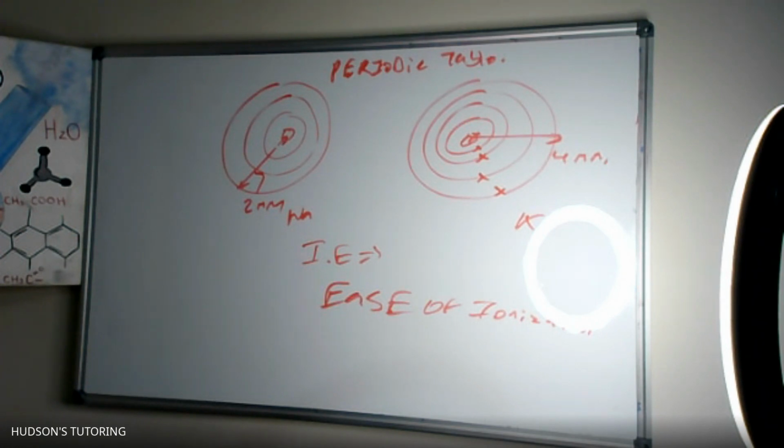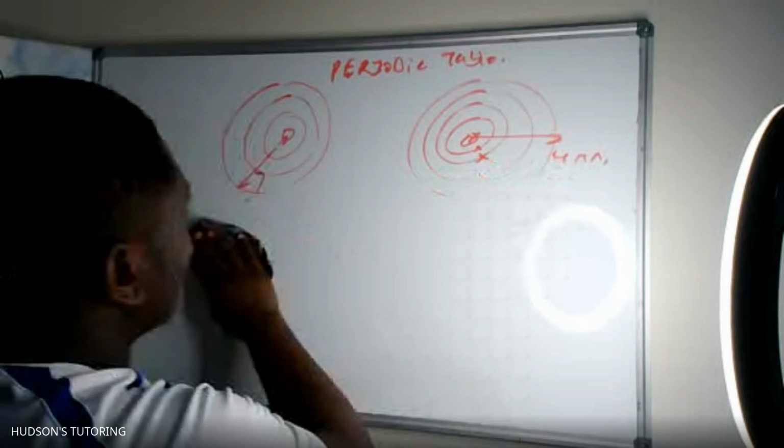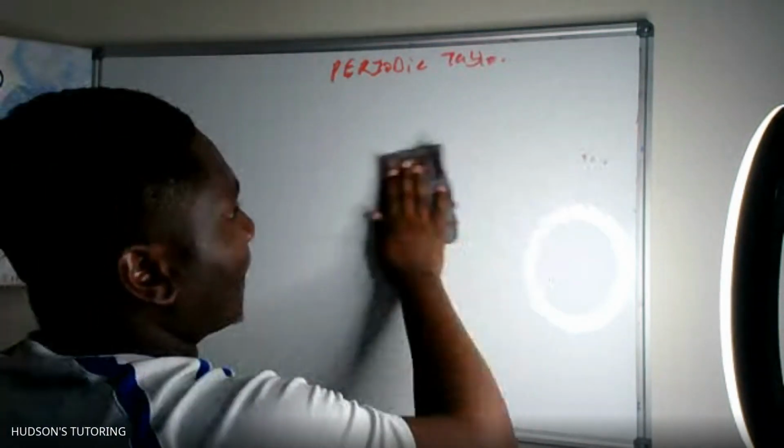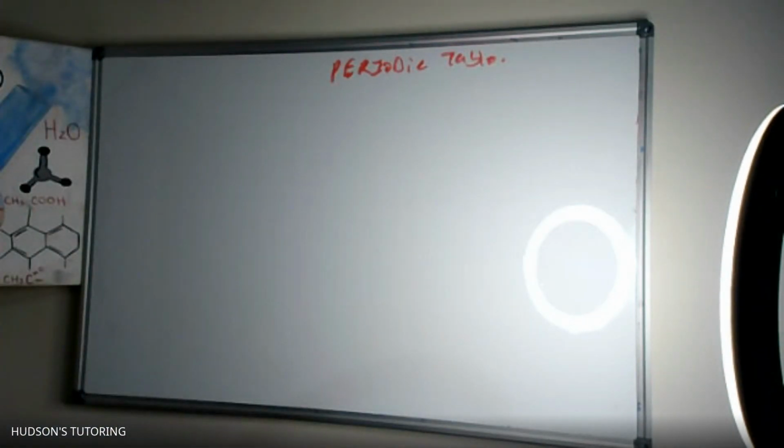Now, the syllabus wants us to look at group 2, group 7, and period 3. So let's take a look at group 2. Group 2 is often termed your alkaline earth metals. It consists of beryllium, magnesium, calcium, strontium, barium.